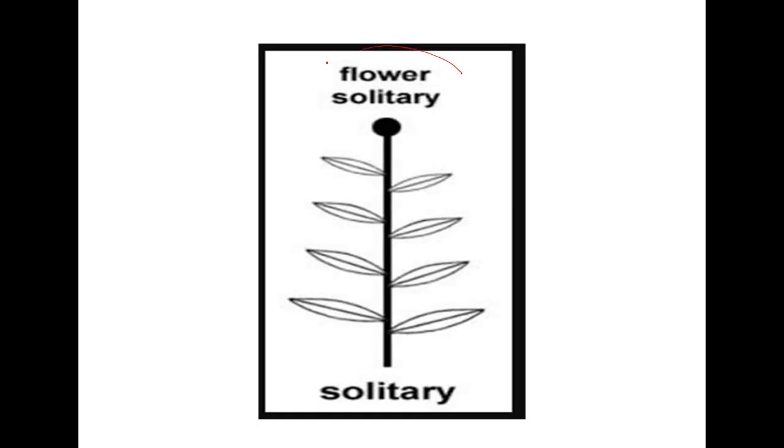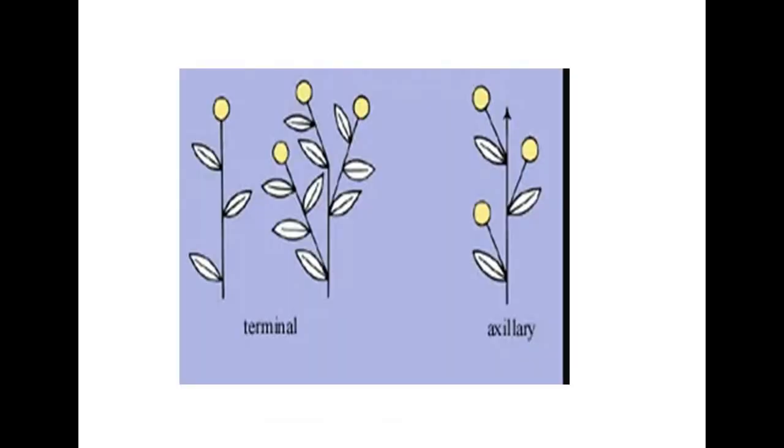It is a flower which is present in the terminal part of the main axis, and it is a solitary flower, as only a single flower is present on this axis. You can see now this is a terminal flower. It is at the tip of the axis.